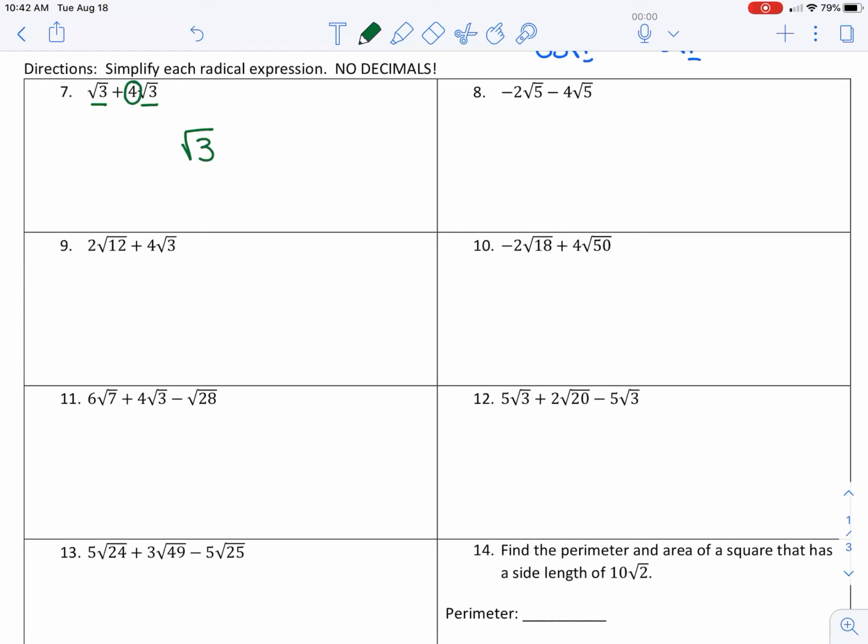So we have a 4, and we actually have something in front of that first root 3. We have a 1, because 1 times anything is just itself. So if I take 1 plus 4, I end up with 5 root 3s. So 5 root 3 would be my final answer.